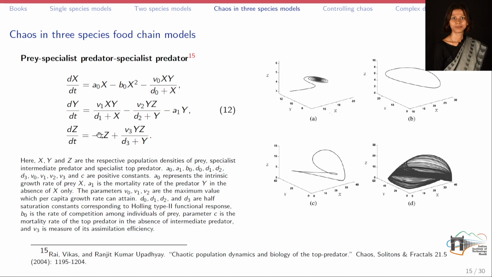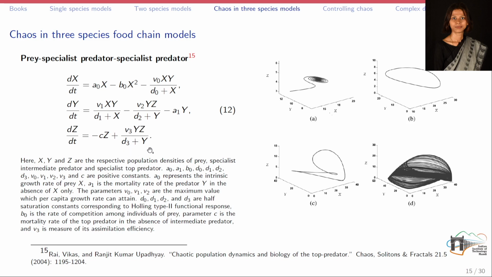However, we can see the change in the dynamics of the top predator population in the sense that here this minus CZ is coming, which is the death in the top predator population in the absence of its favorite food, which is obvious since Z is your specialist type top predator. And growth in the predator population Z is happening due to consumption of the intermediate predator Y, and it follows the Holling type 2 functional response.